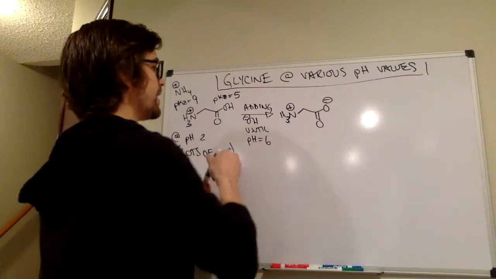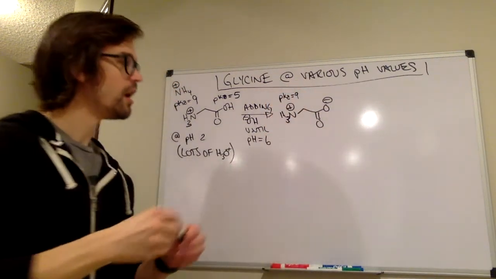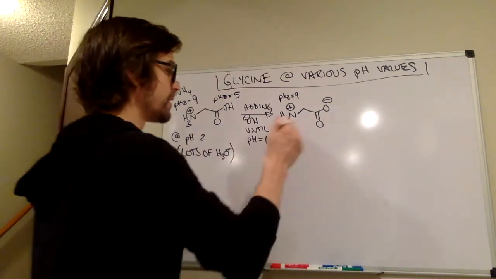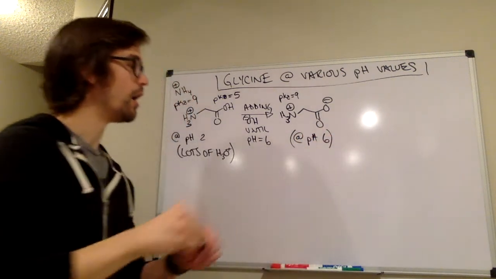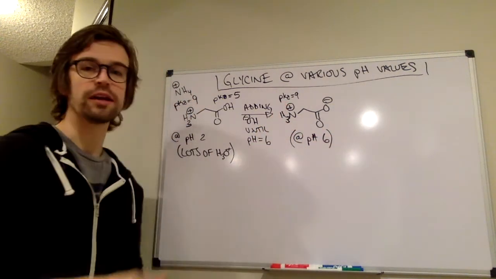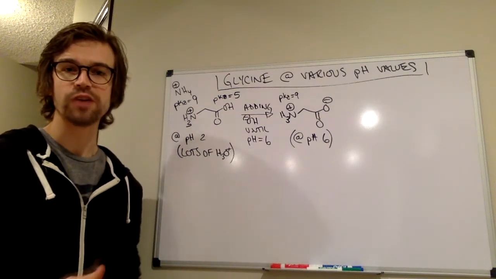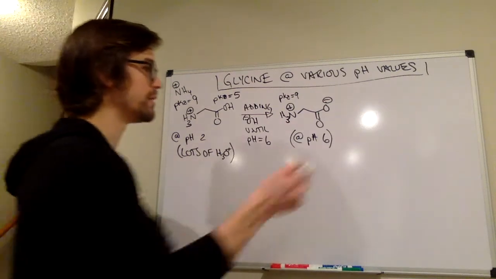Again, this amine still has a pKa of about 9, and that means that since we're only at pH 6, it is still going to be protonated. We would have to get above pH 9 to add enough OH minus around to deprotonate that amine, and that would be the next thing that would happen.